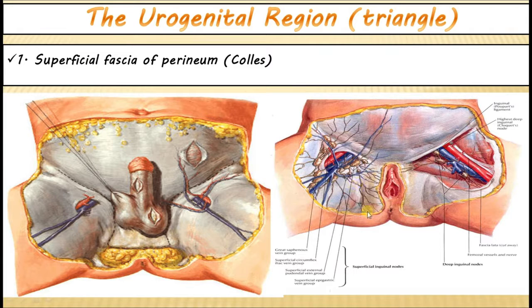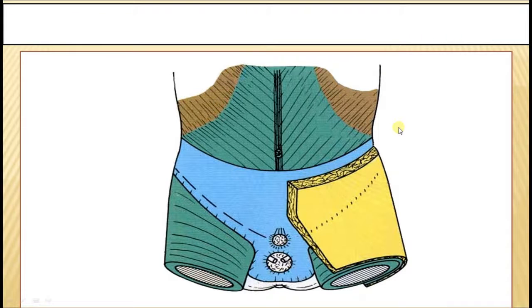Now deep to the skin, you have the superficial fascia of the perineum, which is called the fascia colles. So it is actually a continuation of the fascia Scarpa, so we will see that. On the anterior abdominal wall, deep to the skin, you have a fatty layer which is called the fascia of Camper.